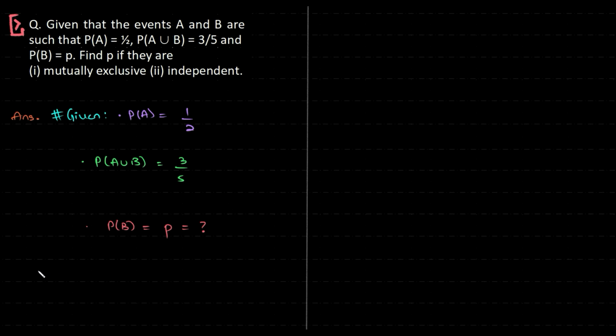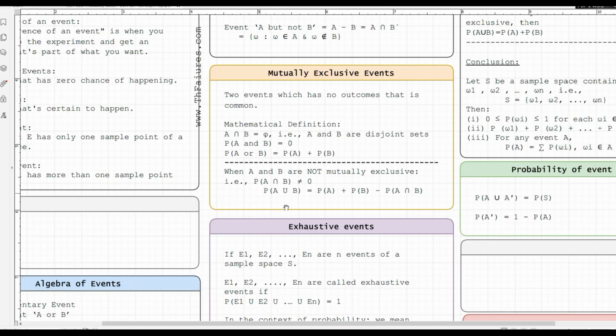Now, when things are mutually exclusive, the first question, as A and B are mutually exclusive, what happens? How do you solve such a question? When they're mutually exclusive, we have to make use of this particular condition.